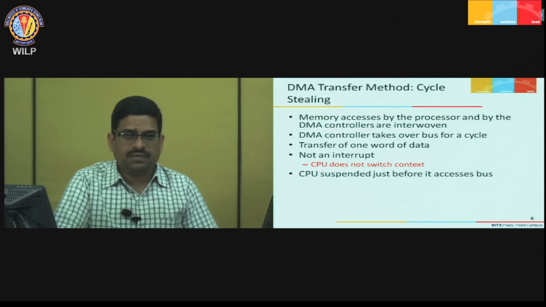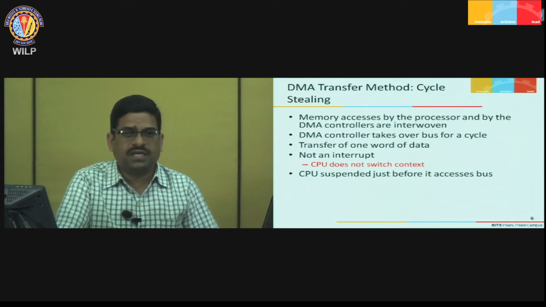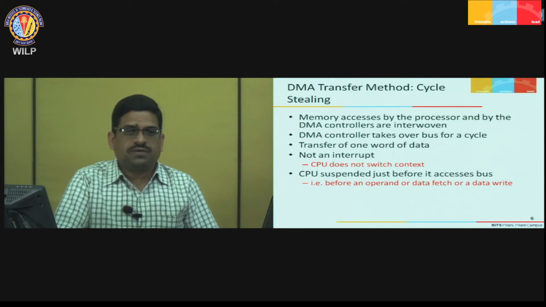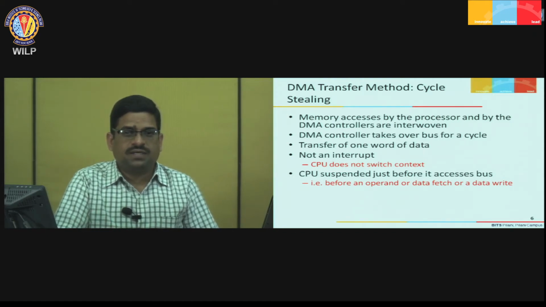That is stealing, because the DMA is stealing one bus cycle from the processor, a cycle the processor was supposed to use. In a complete instruction execution cycle, there are three places where the processor tries to access the memory or use the bus: fetching an instruction or operand, fetching data, or writing the final result of the instruction. So there are three places in the instruction cycle.